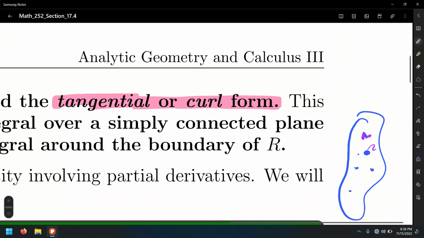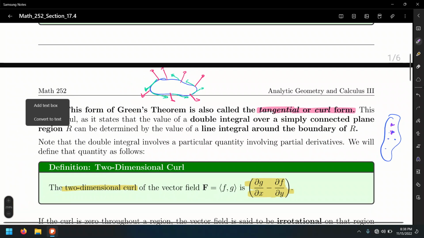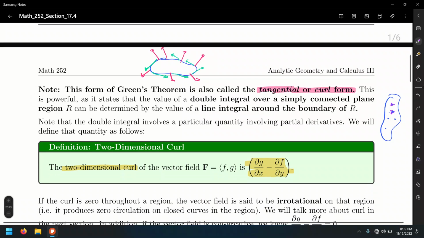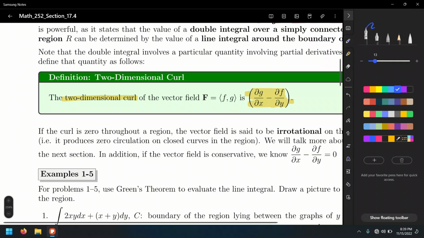This tangent vector right here is the circulation at one point. So what this double integral is doing is adding all those infinitely many circulations into a single one, in the same way that we derived a formula to find the area under the curve. This is all the circulations inside of a region. For the other form, which I don't think we'll get the chance to do today, it's a similar explanation, but you'll see.